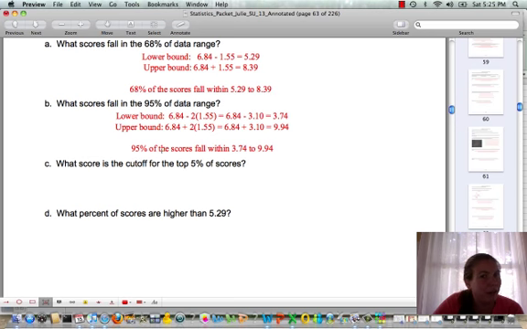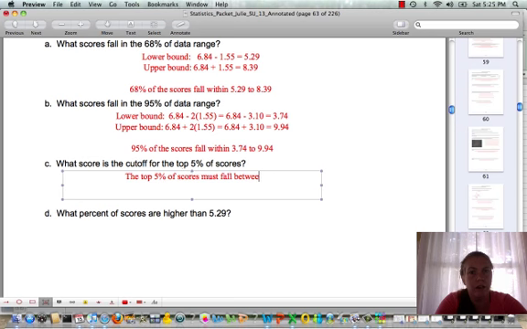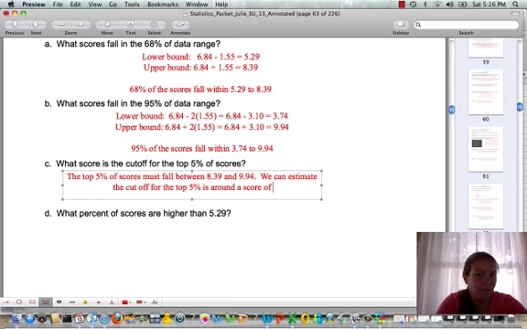So that's 8.39. So all we know is the top 5% of scores must fall between 8.39 and 9.94. So we can go ahead and estimate the cutoff for the top 5% is around a score of 9, but we don't know exactly where without more information.